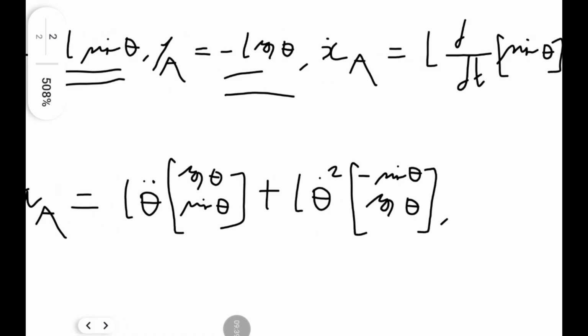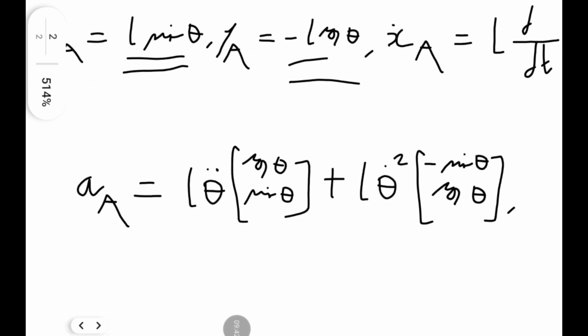This is now the acceleration with respect to t of the point A.